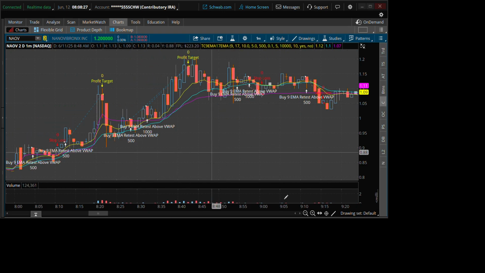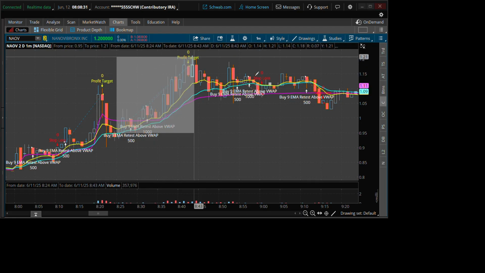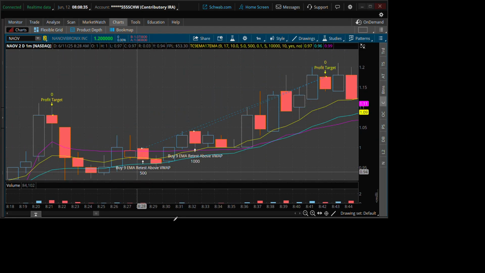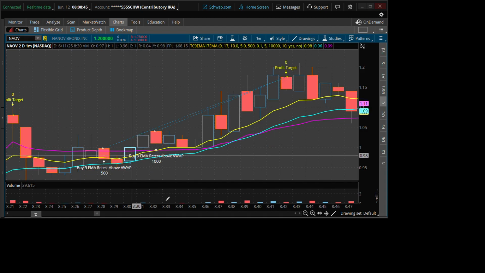And this is all extended hours, so this works in extended hours too. So you see it did the same thing here. Price came down, closed below the EMAs, came back up, closed, but then it gave its retest here.